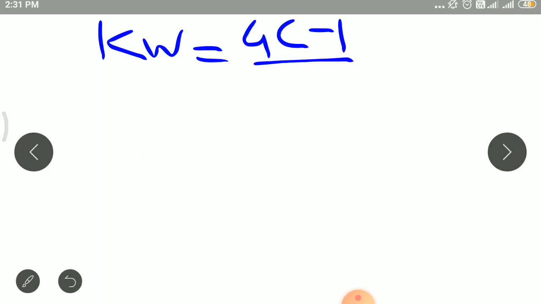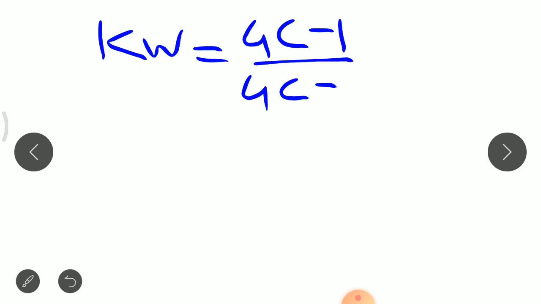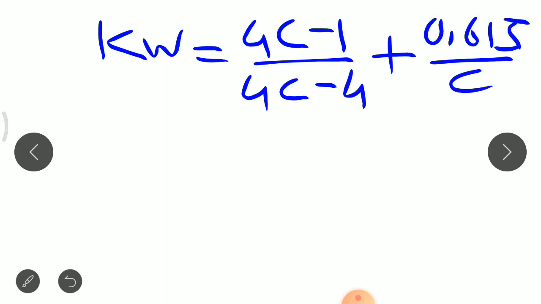After that, the first quantity which we have to find, that is the spring wire diameter, by using Wahl's stress factor Kw. We know that the formula for Kw is equal to (4c minus 1) divided by (4c minus 4) plus 0.615 divided by c. This is the formula for Wahl's correction factor, and now we will put the values as it is.